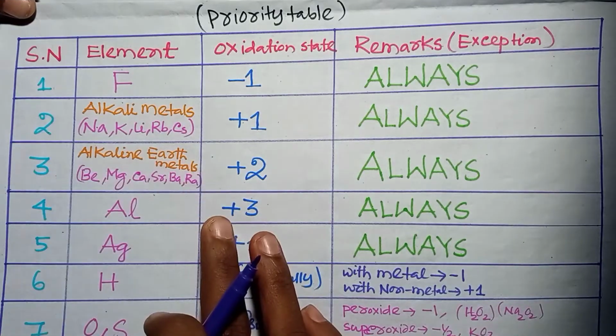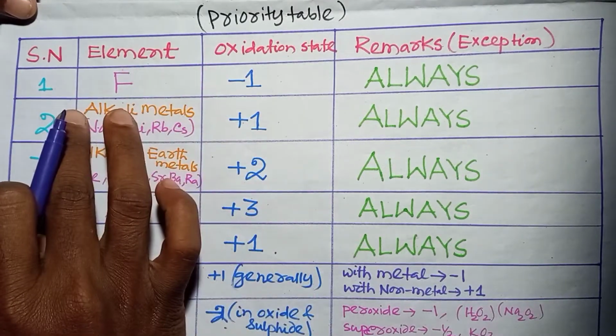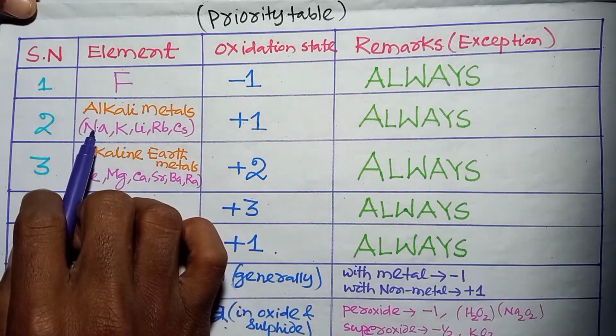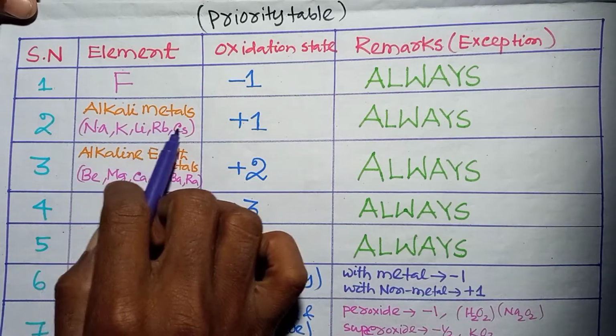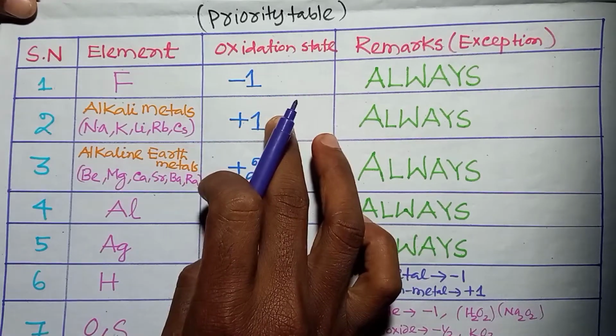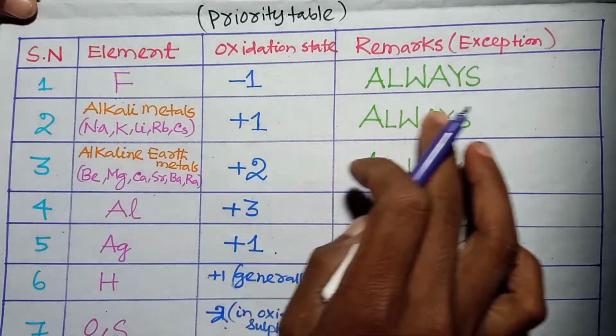Then serial number 2 contains the alkali metals. Alkali metals means sodium, potassium, lithium, rubidium, cesium, etc. Their oxidation state is +1, and this is also always.